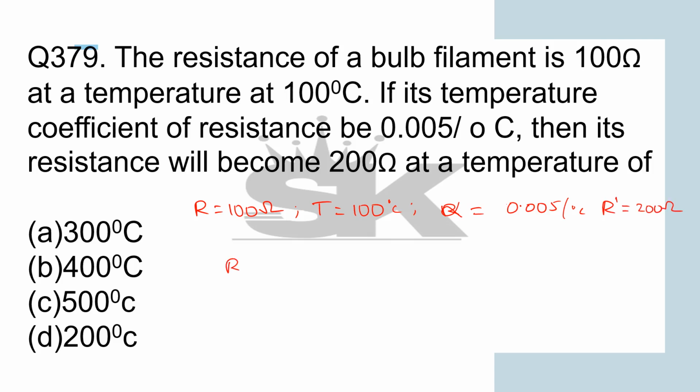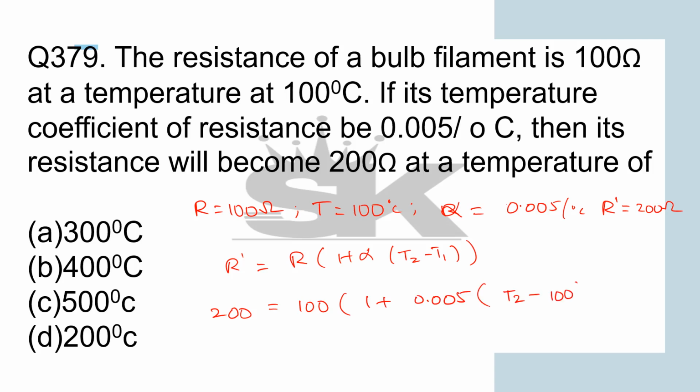So R dash equals R into 1 plus alpha into delta T, that is T2 minus T1. Here the final resistance is 200 ohms. Initial one is 100 ohms. 1 plus alpha is 0.005, and T2 minus the initial temperature of 100 degrees, right?